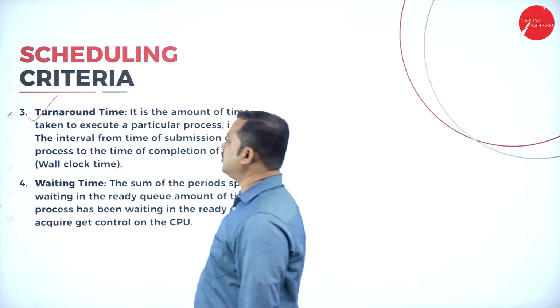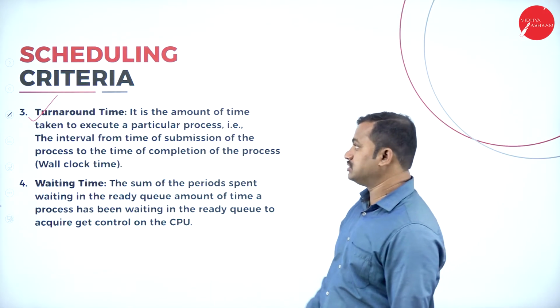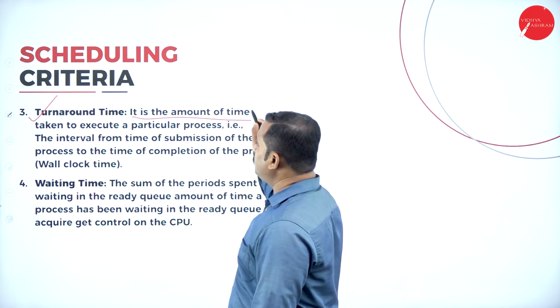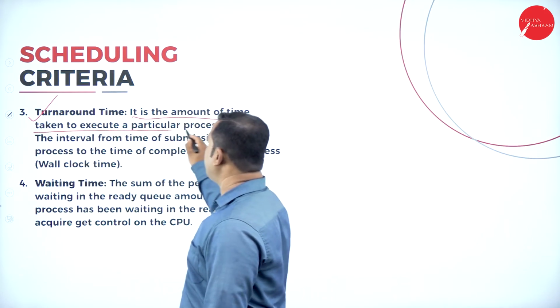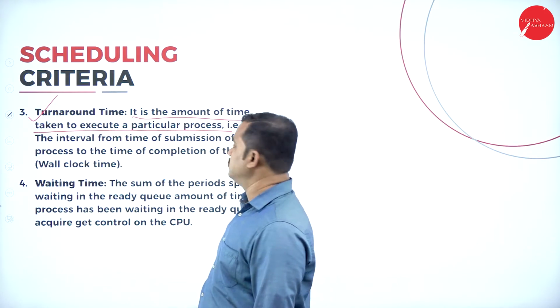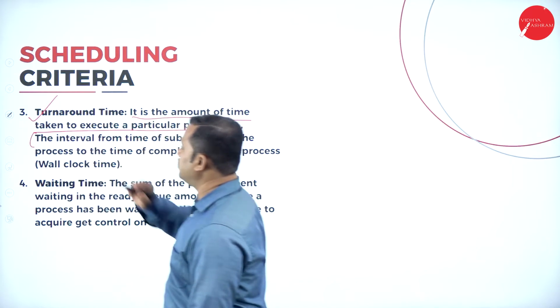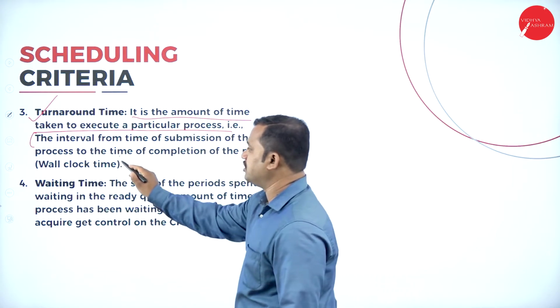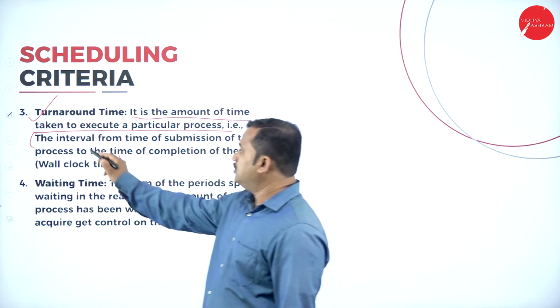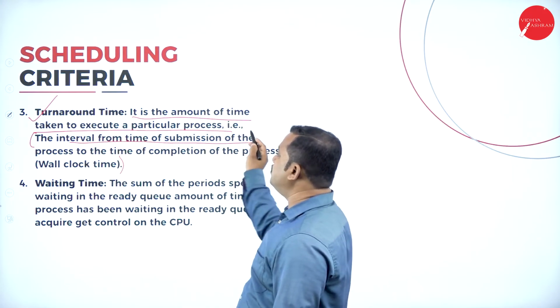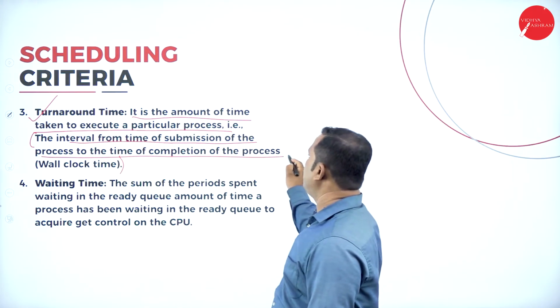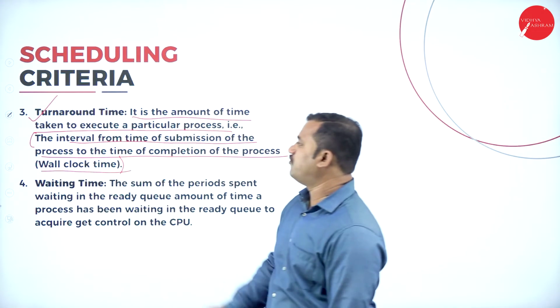What is the meaning of turnaround time? Let me clarify this. It is the amount of time taken to execute a particular process. Please understand it carefully. It is the interval from the time of submission of the process to the time of completion of the process, that is the wall clock time.